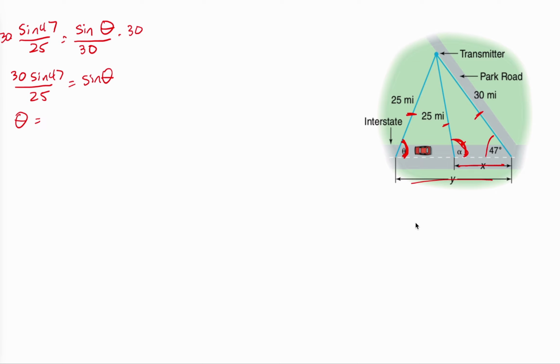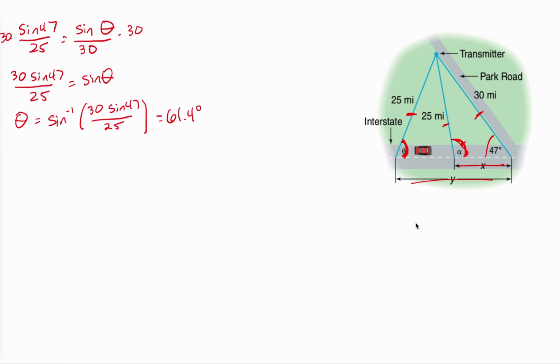Take the inverse of that. 30 sine 47 over 25. And that is 61.4 degrees.